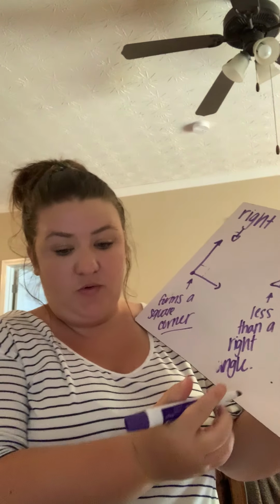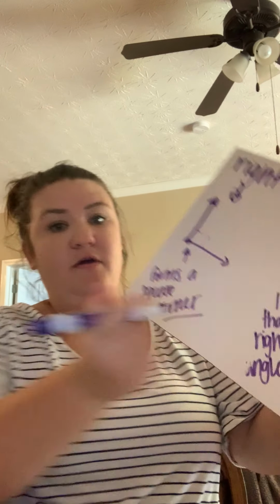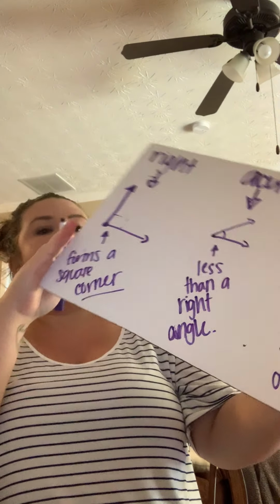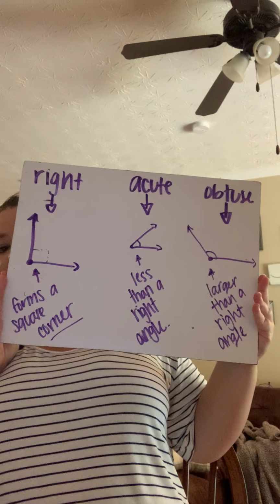It's also going to have that little half oval looking thing in the corner. All right, larger than a right angle. So this is all of them. You guys see that?